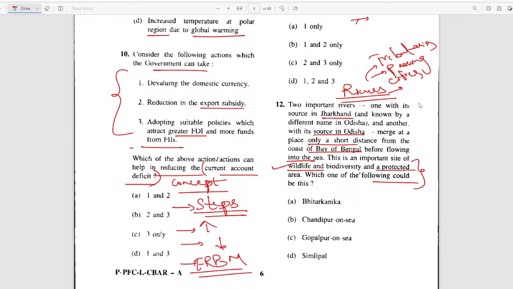That is important here. Just go through these places also. Just Google search what is Bhitarkanika, Chandipur, Gopalpur, and Simlipal. Like this, you have to do secondary research on previous years' topics.